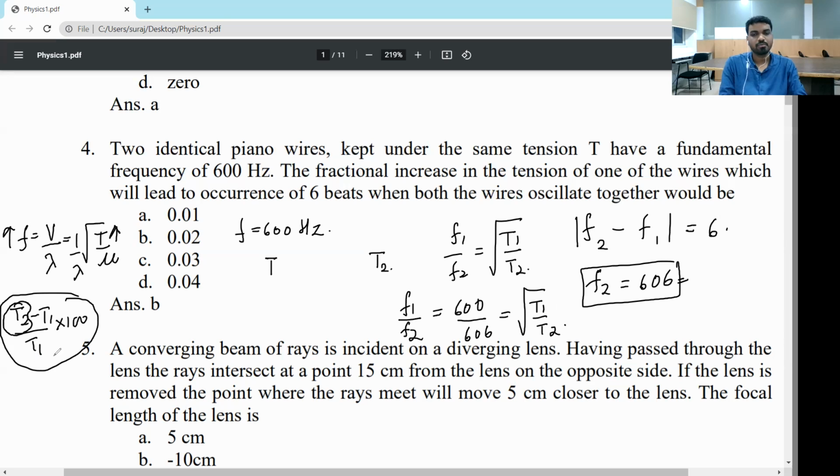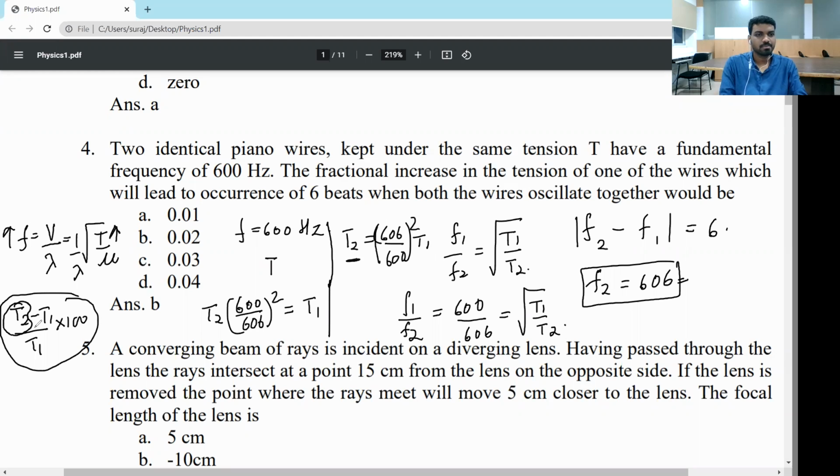So 600 by 606 whole square into T2 equals T1, so T2 will be 606 whole square over 600 whole square times T1.